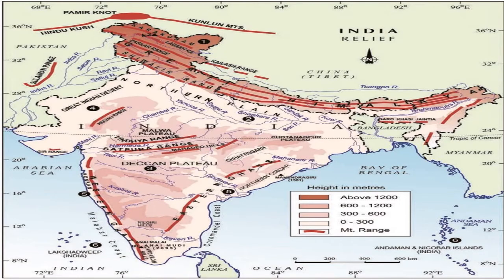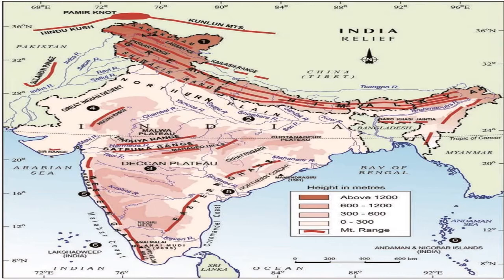In this you can see the relief map of our country where the 6 physical features have been shown. The number 1 shows the Himalayas, the 2 is the Northern Plain, the 3 is the Peninsular Plateau, the 4 is the Great Indian Desert, the 5 is the Coastal Plains, and lastly the islands is 6.